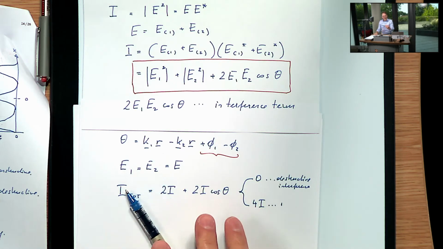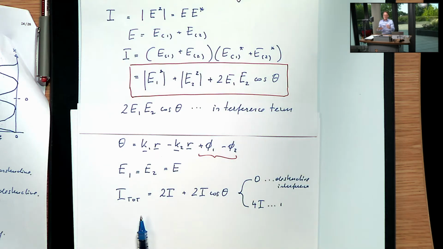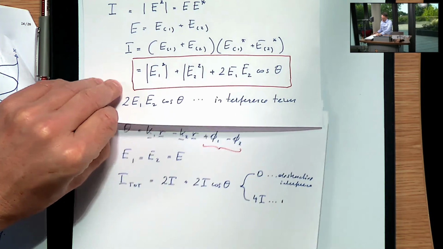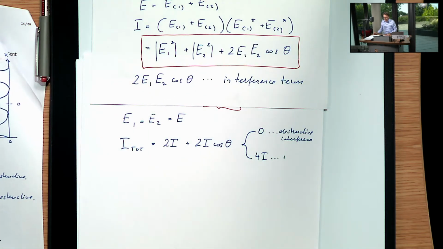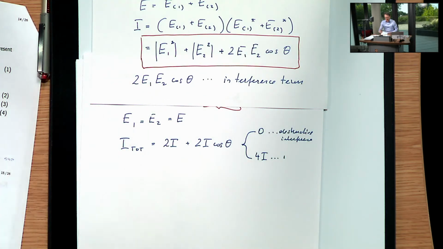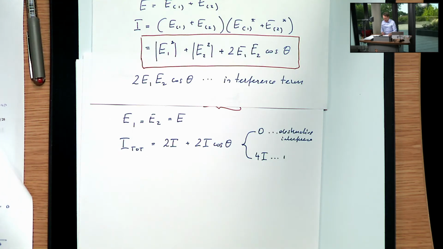So the interference arises when we square the amplitudes, because then we get this cross term in there. And so in the image where we measure the intensity, we actually see the result of how the waves add up and interfere constructively.